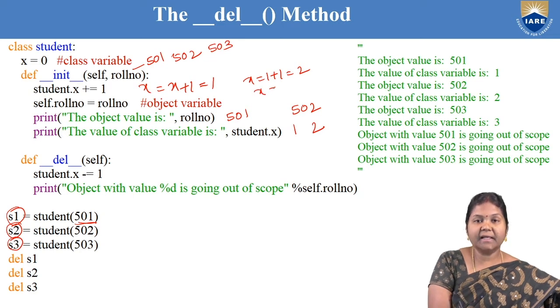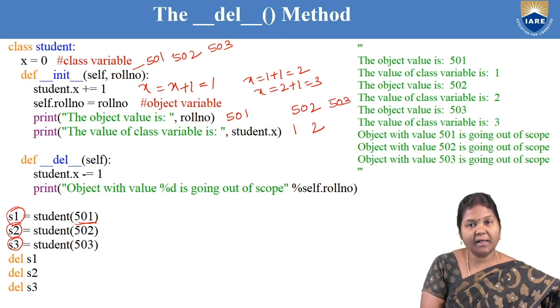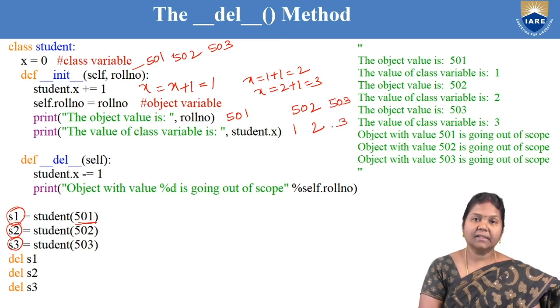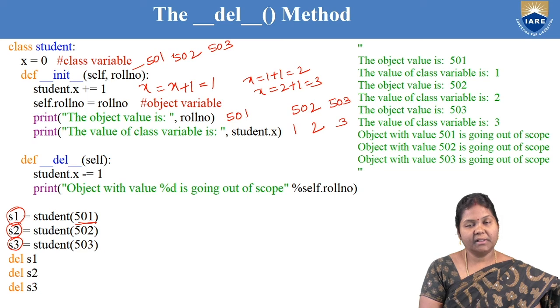The x value is incremented to 2 plus 1, which is 3. So you will see that the object variable is 503 and the class variable is 3. By creating different objects, you can print the class variable value and the object variable value.